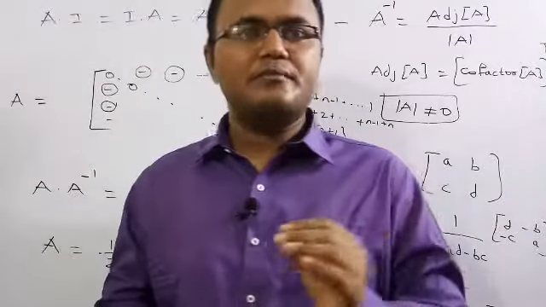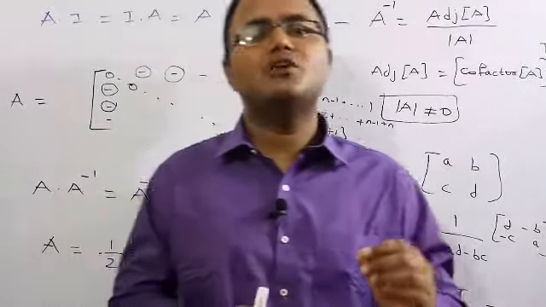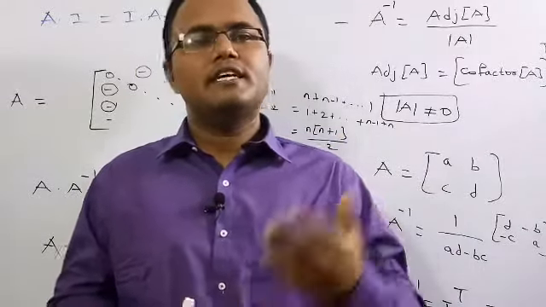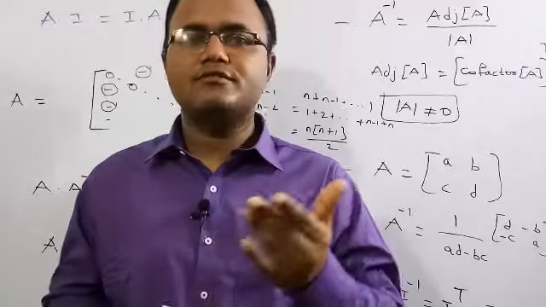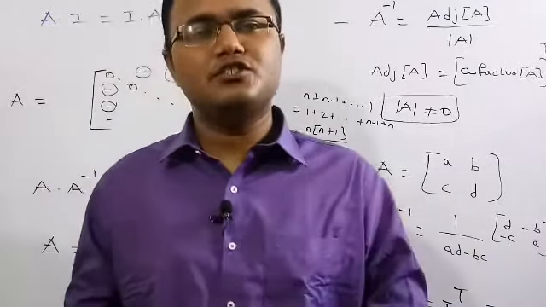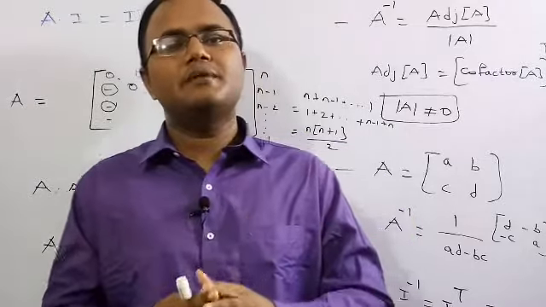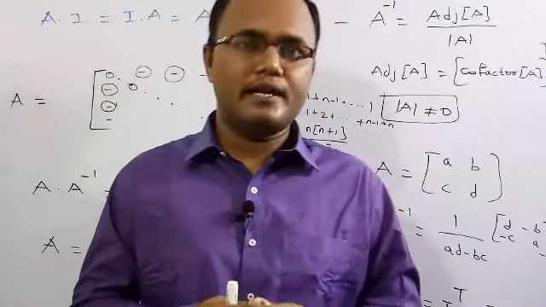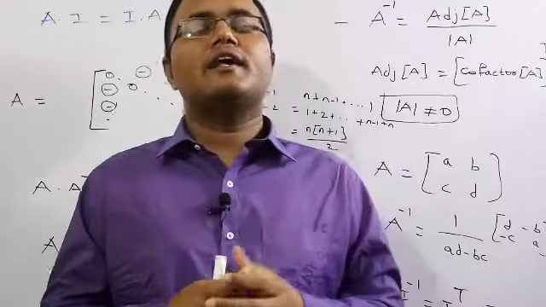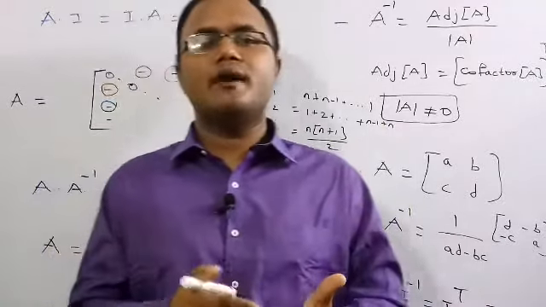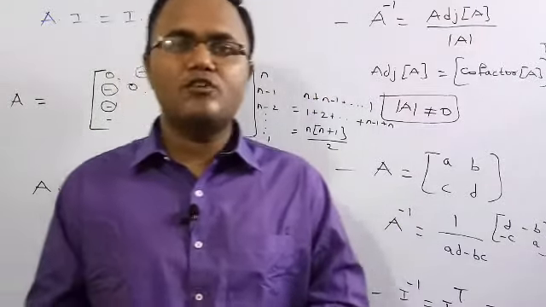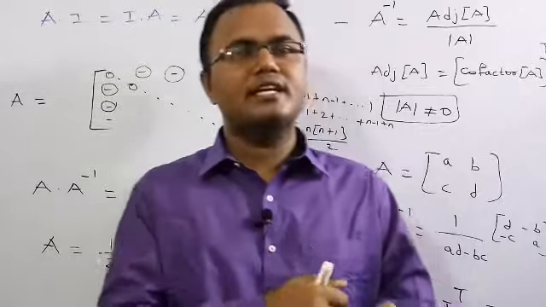So the dimension of any matrix is equal to the rank of the matrix, because the rank directly tells the number of independent row vectors or independent column vectors in a given matrix.